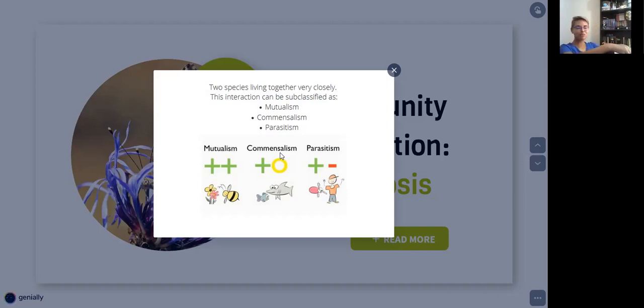And what happens here, for example, with sharks and the remora fish. The shark doesn't care about the remora fish. It's like, I don't care about you. And the remora fish is like, yeah, I know you don't know who I am, but whenever you eat, you're not eating the full thing.